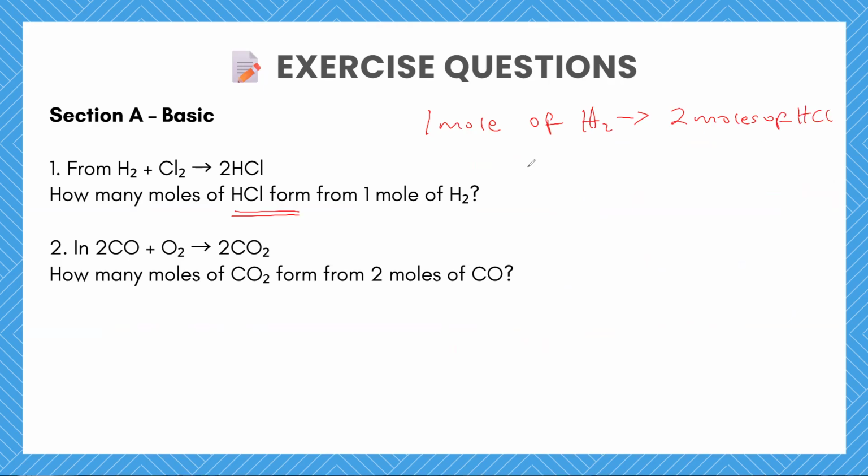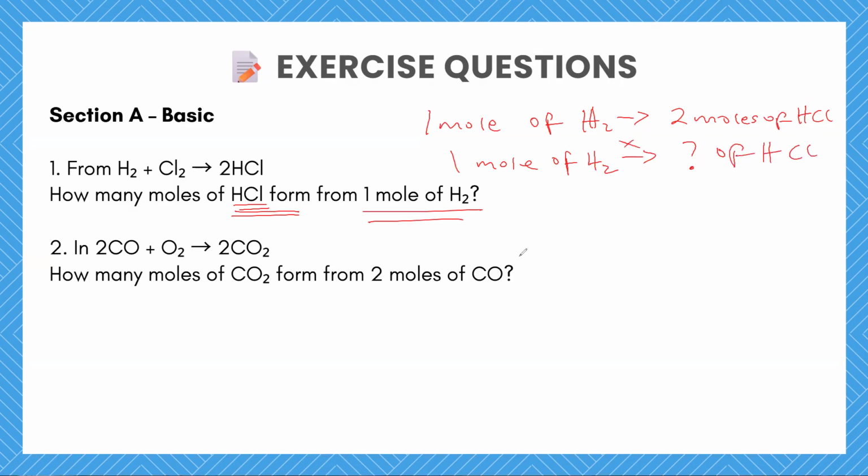Now the question says, how many moles of HCl will be produced from 1 mole of H2? So therefore, 1 mole of H2 or hydrogen produces an unknown number of moles of HCl.